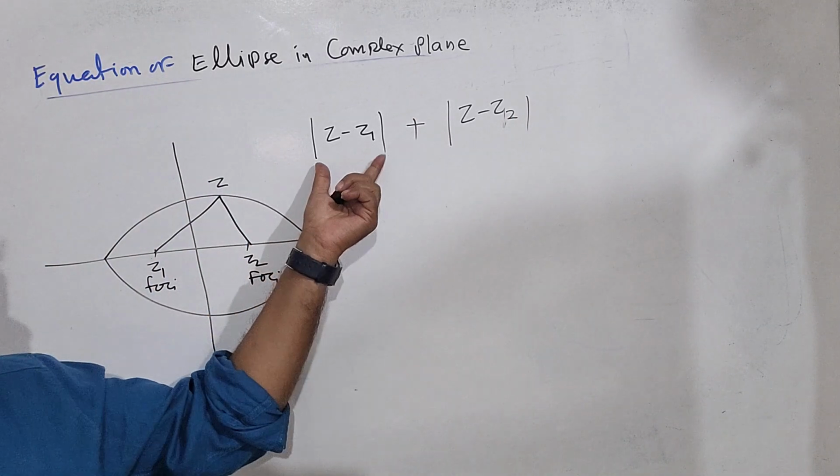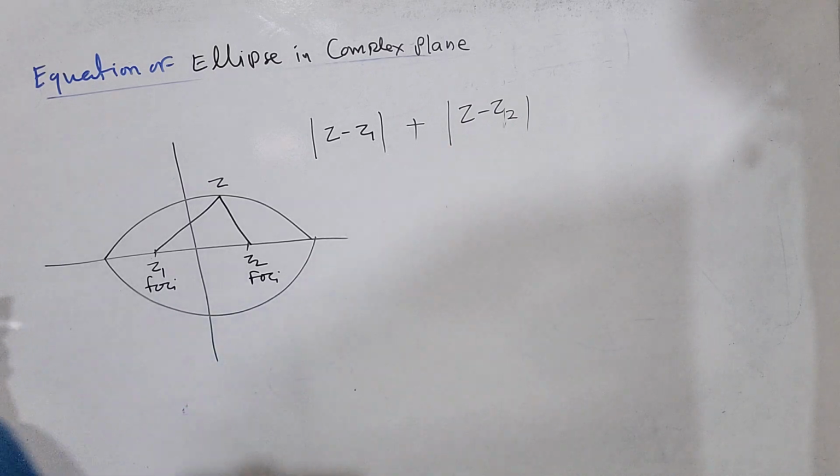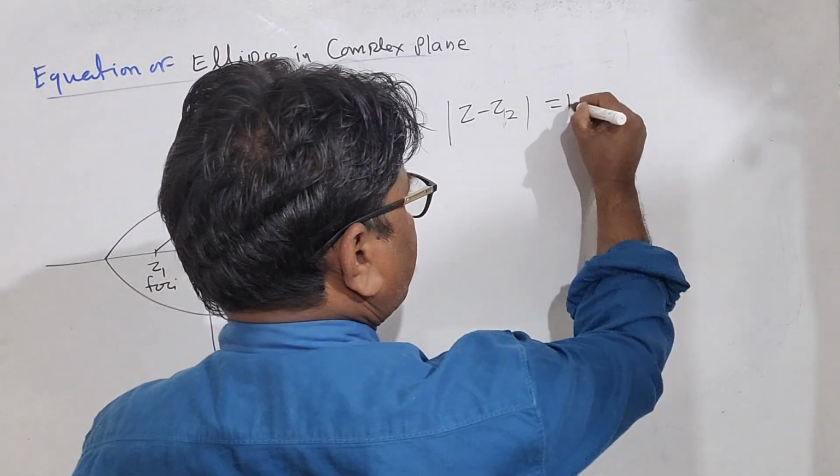These are the focal distances, and their sum is equal to some constant k.